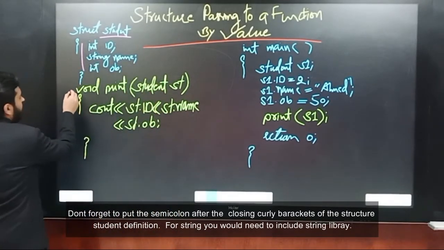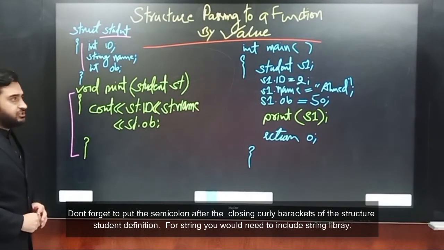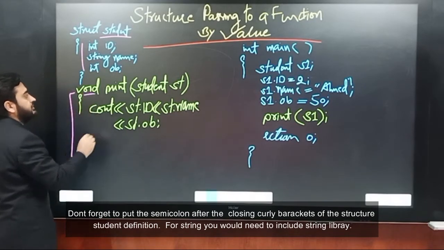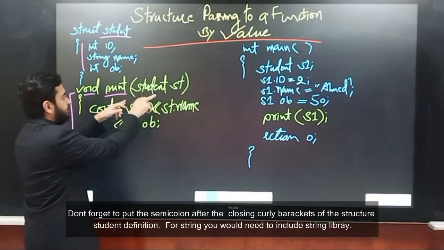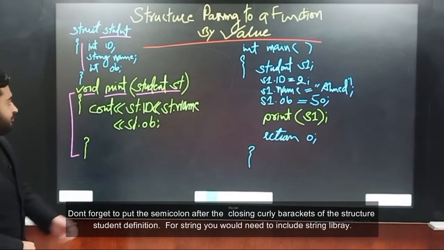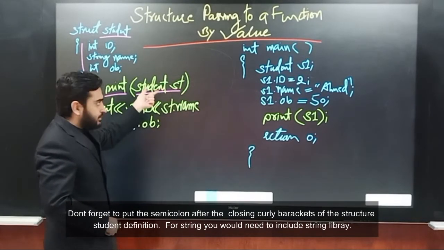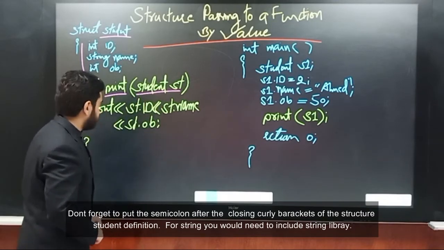Then we have defined a user-defined function. This user-defined function returns nothing, void, and the function name is print, P-R-I-N-T, with the parentheses. In the parameter, we have declared a variable st of the user-defined data type student.